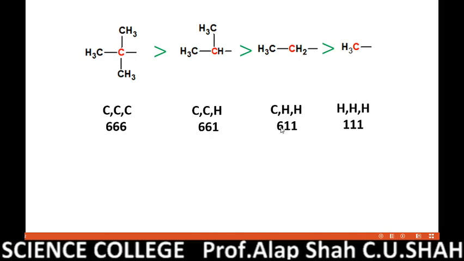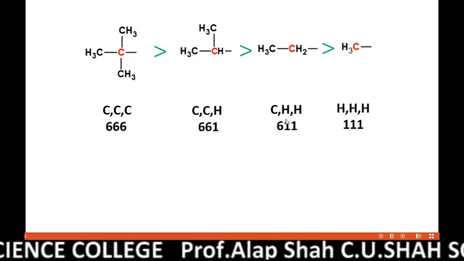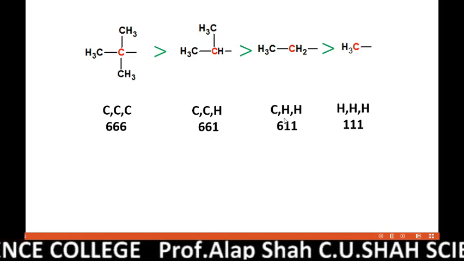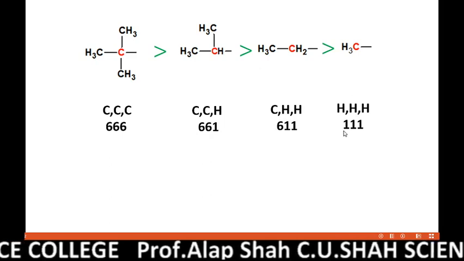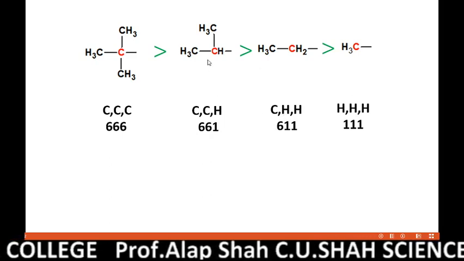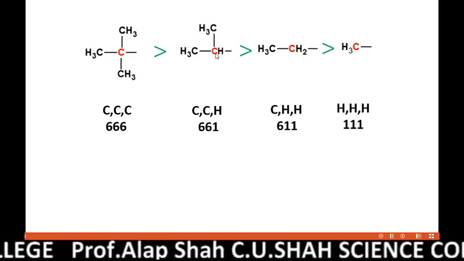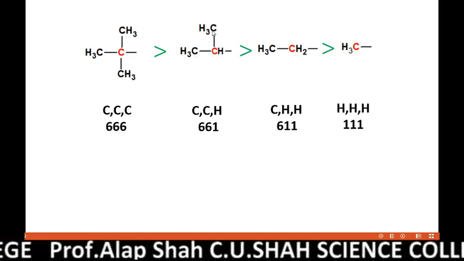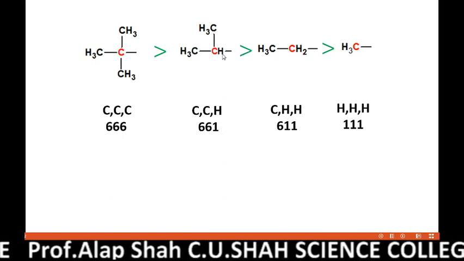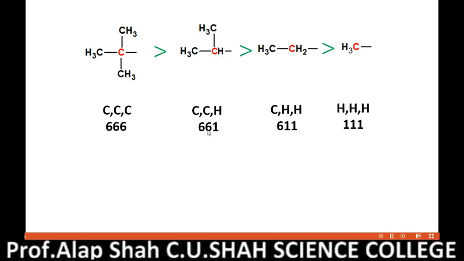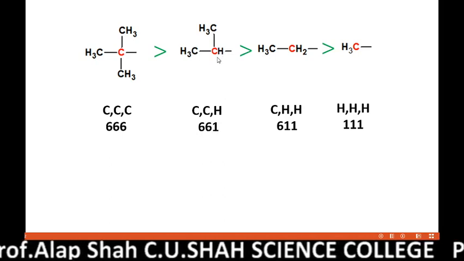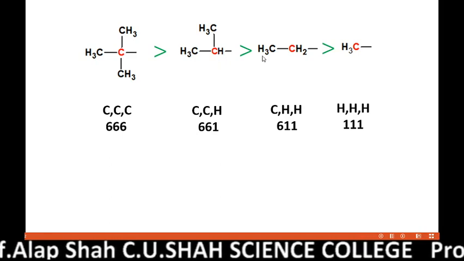So we should always give the ethyl group higher priority than methyl. Now this group is isopropyl. Compared with ethyl, here the carbon has 2 methyls, 6 6, and 1 hydrogen, so it is 6 6 1. So isopropyl is given even higher priority than ethyl.